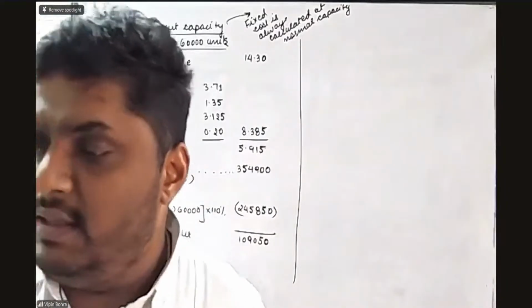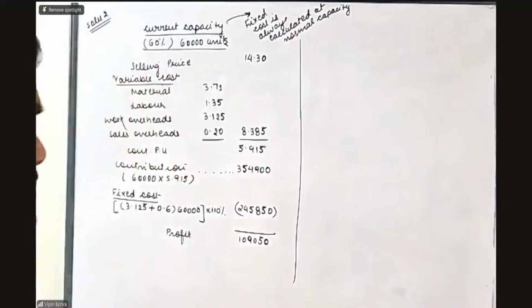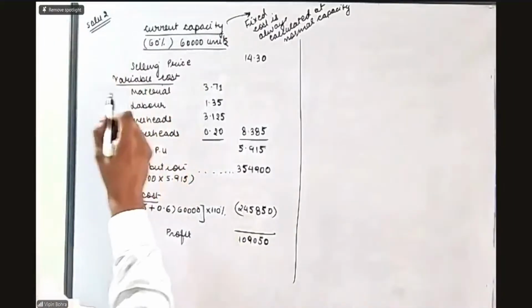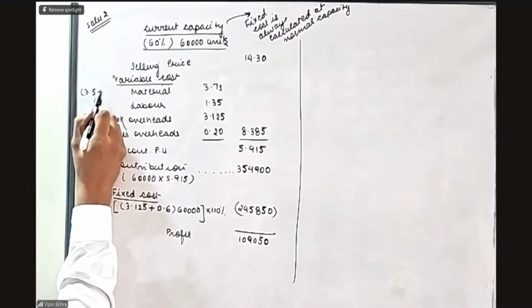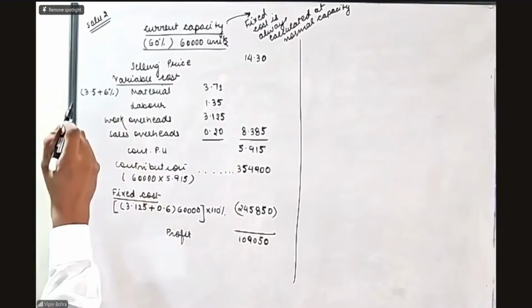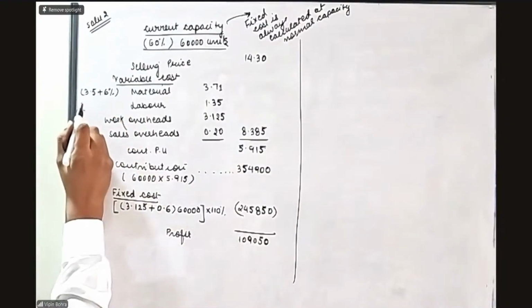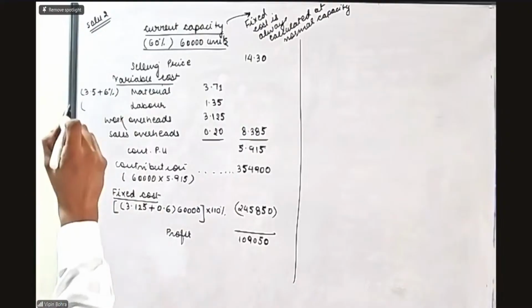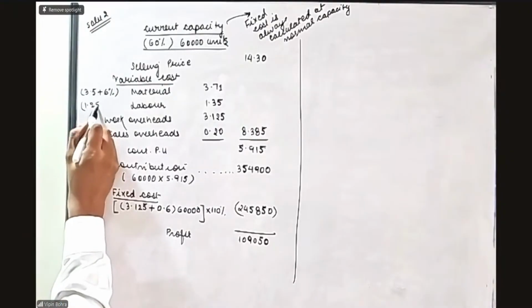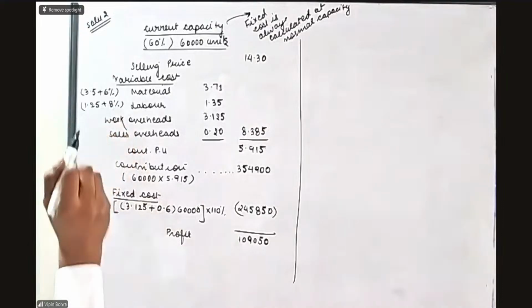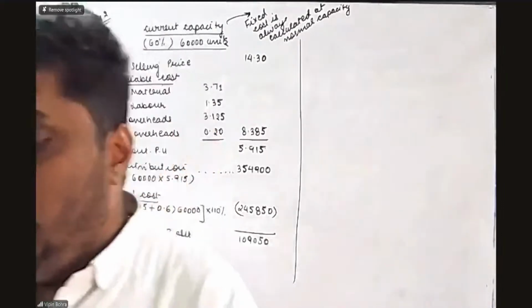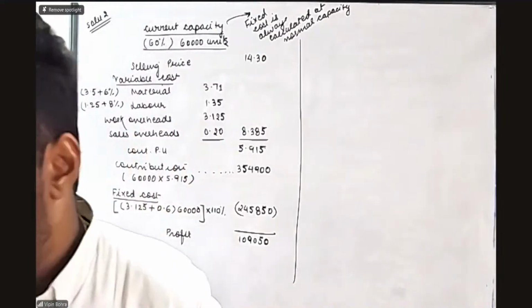Meenu, please check. 3.5 plus 6%. 1.25 plus 8%. Anyone having any doubts?